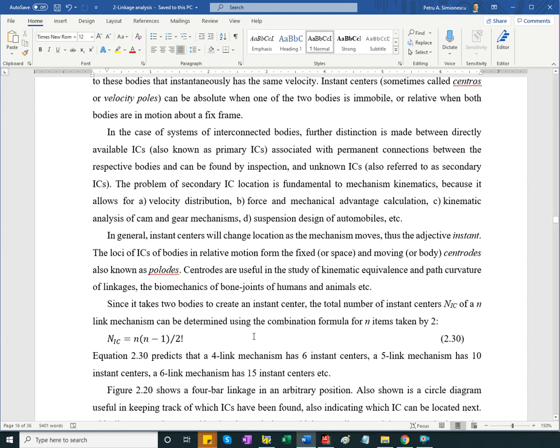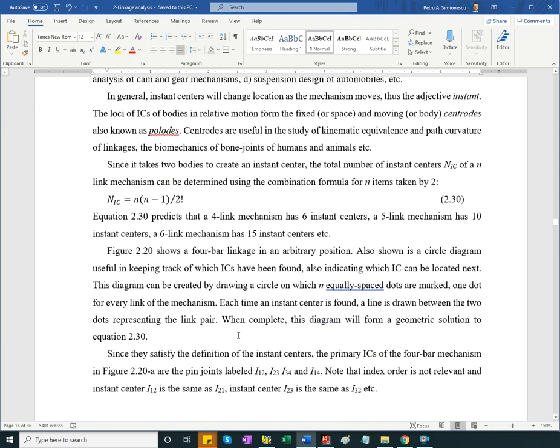Recording the instant center with respect to one or the other of the bodies results in what are called centrodes or poloids. Remember poloids, and they're useful in, here it says, kinematic equivalence and path curvature analysis, biomechanics of joints of humans and animals, and so forth.